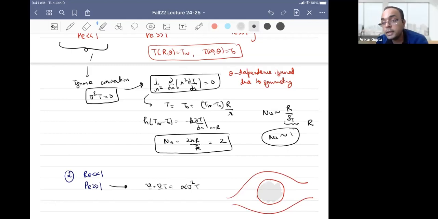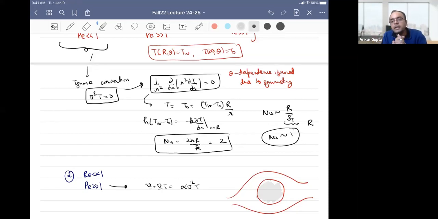Absolutely, right. So in other words, if I remove one derivative, then I will not be able to satisfy my boundary conditions, right? So whenever you start to see that you're ignoring a second derivative term, it should click that there's a boundary layer. When I have a large Peclet number, as in confined flow, there is a boundary layer, because if I ignore the conduction completely, then I have dropped a derivative, or dropped a boundary condition.